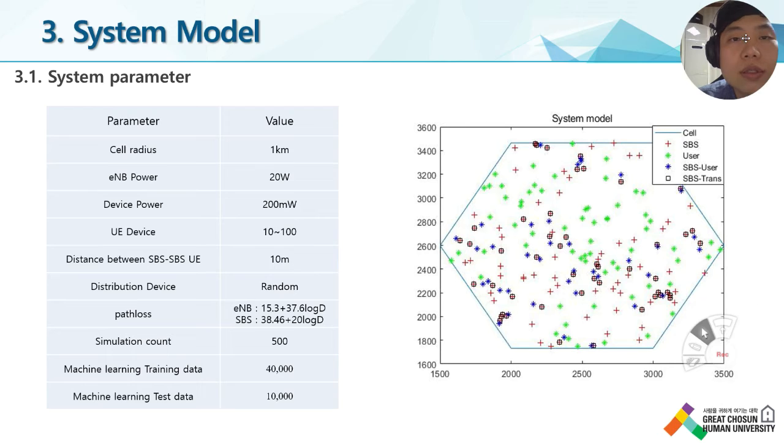Due to the low power of small cells, communication outage is less than 10% up to 10 meters, but it increases rapidly when 20 meters is exceeded. So we set it to within 10 meters by default.